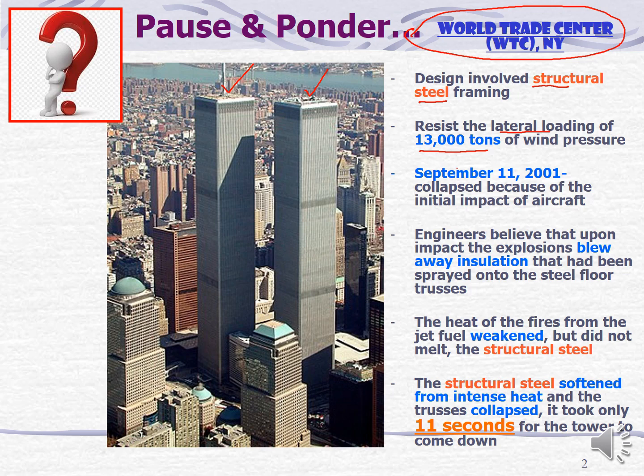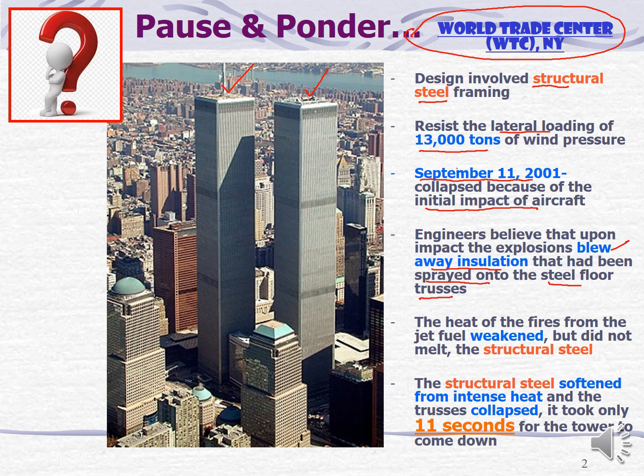However, on September 11, 2001, these two towers collapsed due to the impact of aircraft. From the investigation, engineers believe that upon impact, the explosion blew away all the insulation that had been sprayed onto the steel floor trusses.